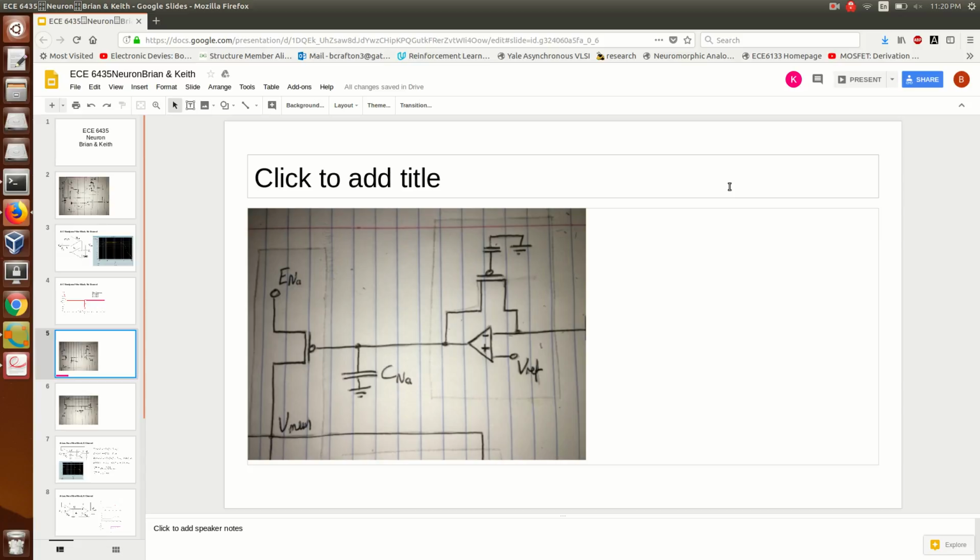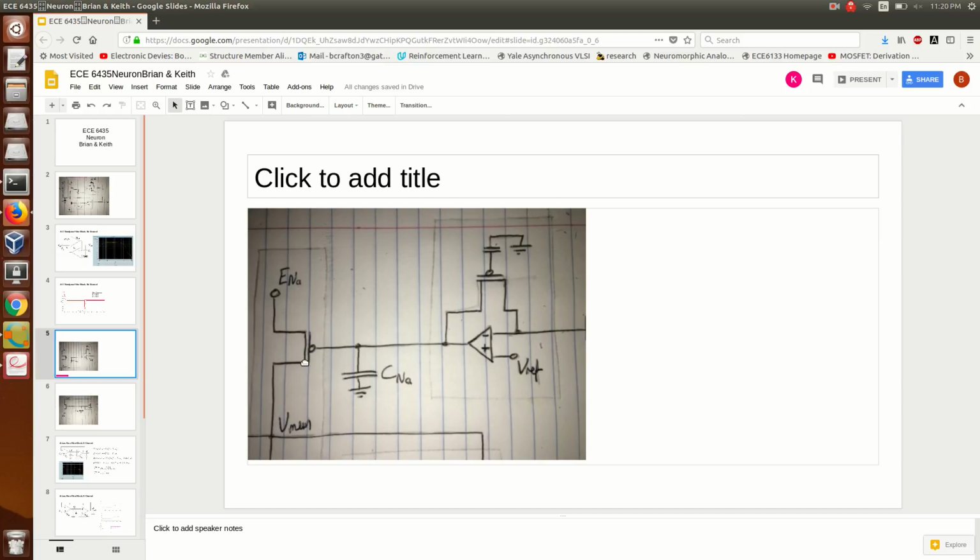So the way that this works, when the input, the VMEM, spikes, the negative terminal of this top OTA, the voltage there will increase as well. There's a delayed effect due to the capacitor, which is just off screen here. As this negative terminal voltage increases towards Vref, the output of this OTA decreases.